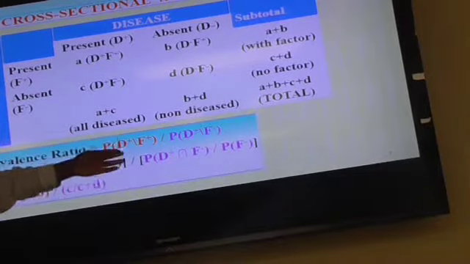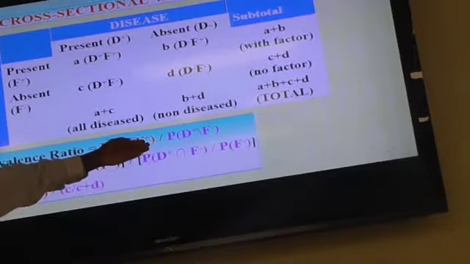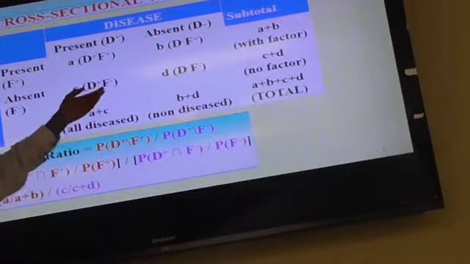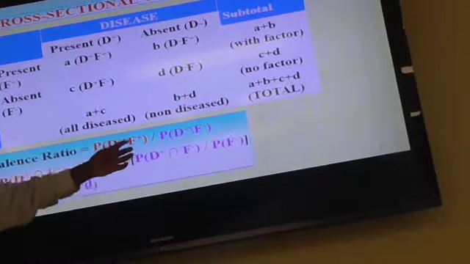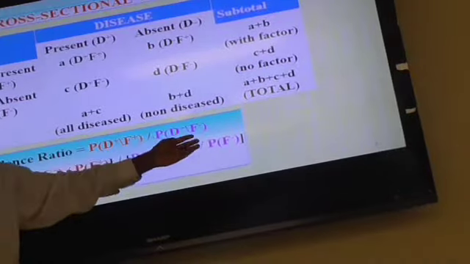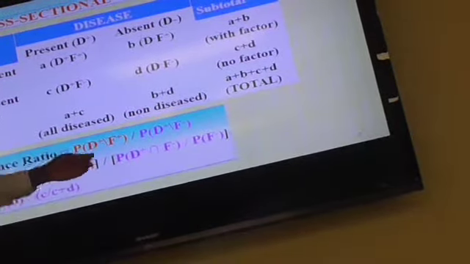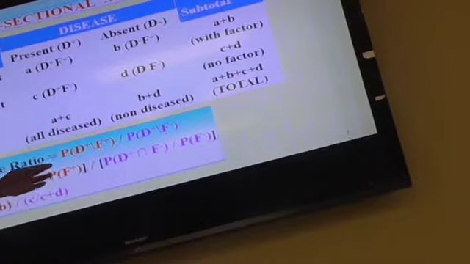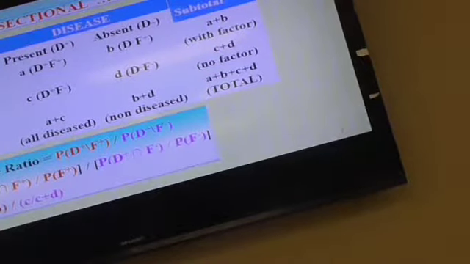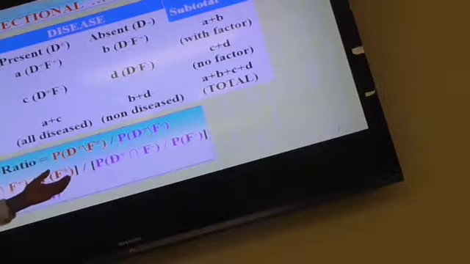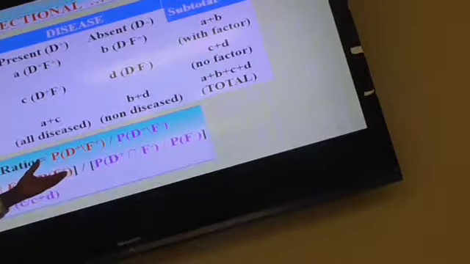That means probability of disease given exposure divided by probability of disease given no exposure. So when we expand this one, disease given exposure means disease and factor divided by the probability of factor or exposure.